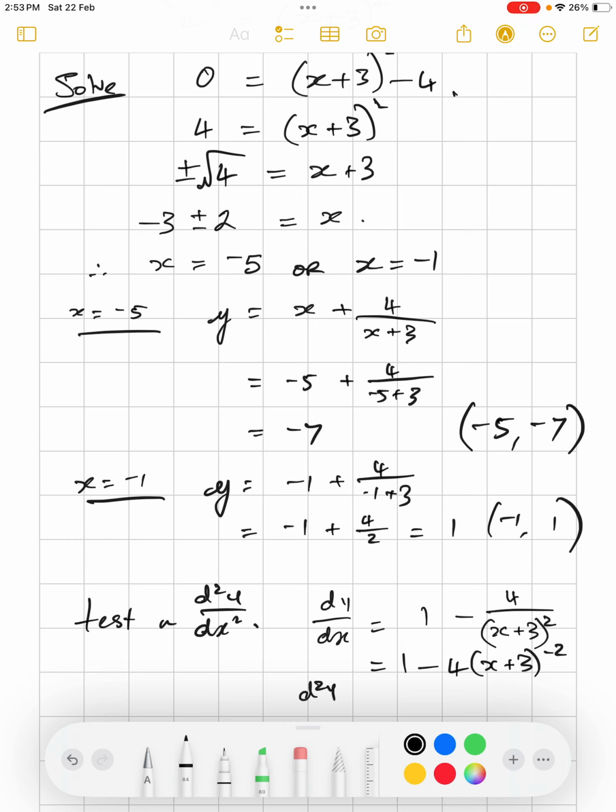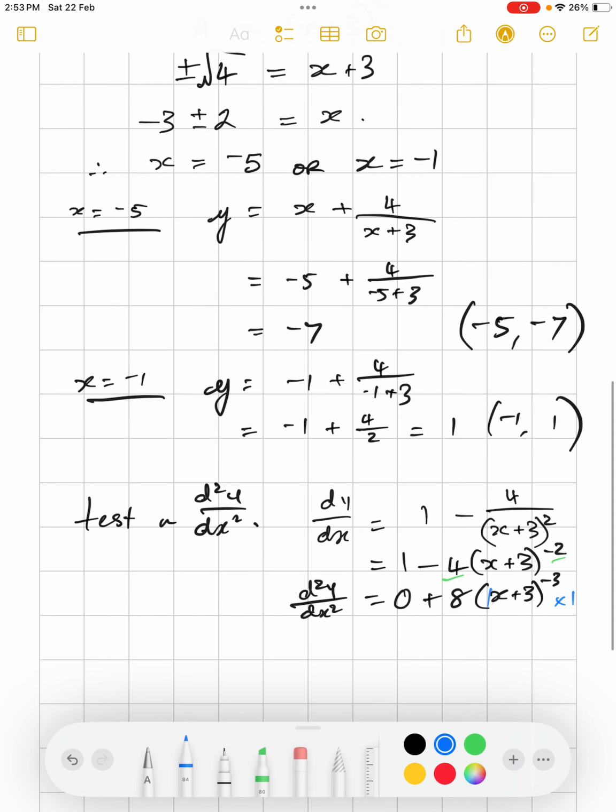Alright, now we can do d2y dx squared is, the derivative of 1 is 0. Now 4 times, that's positive 8, x plus 3, and we drop that down to negative 3. And we times by the derivative of the bracket, which is simply 1. So we've got 8 over x plus 3 cubed. And that's the second derivative.